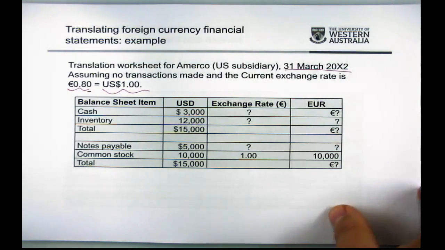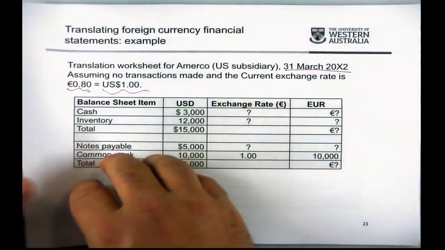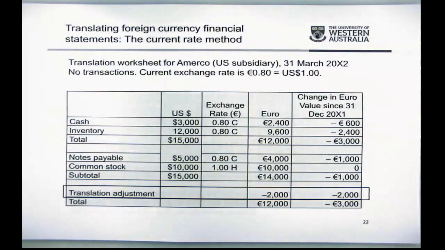Let us see how the firm will make the translation according to the current rate method. Remember, according to the current rate method, all assets and liabilities are to be translated at the current exchange rate prevailing on the balance sheet date, except equity. Equity should be translated at the historical exchange rate.